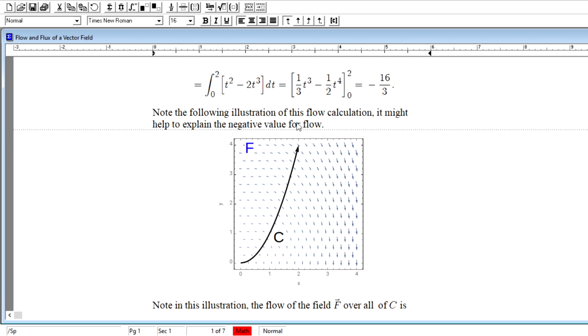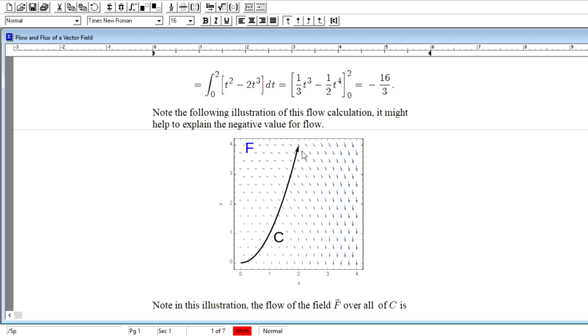Now notice how the field behaves as it passes through that curve. Some of the field can be described as moving in the tangential direction to the curve, meaning the direction that's considered moving forward on the curve, and some of the field can be described as moving orthogonal to that curve or normal to that curve.